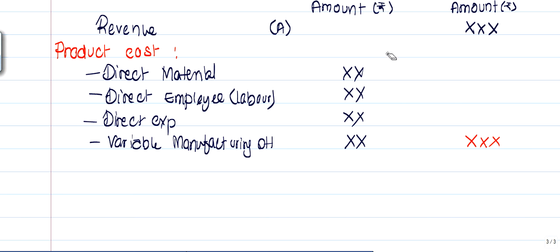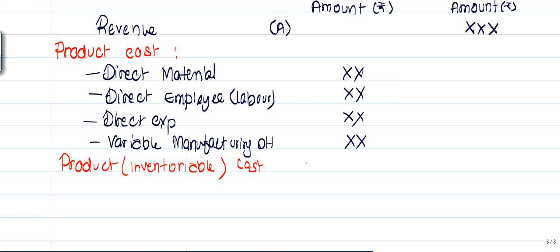You can write here product cost, the inventoriable cost, and the total will be added here.